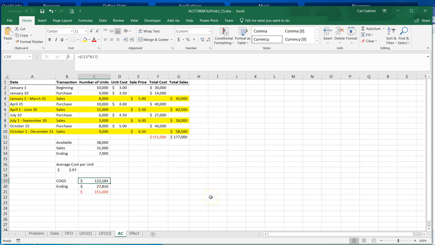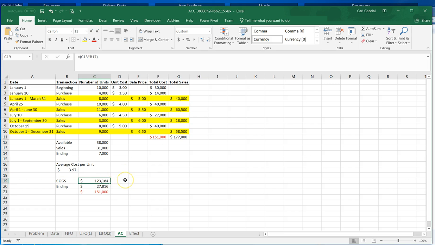So our cost of goods sold ends up being C13, our total sales of 31,000 units, times the average cost per unit, $3.97.